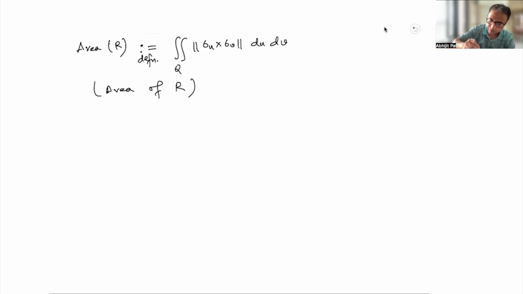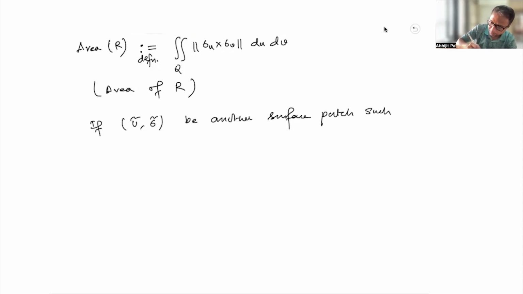Okay. Now, if I take another surface patch U tilde, sigma tilde, such that R is also contained in sigma tilde of U tilde, this implies that sigma tilde inverse R is contained in U tilde.